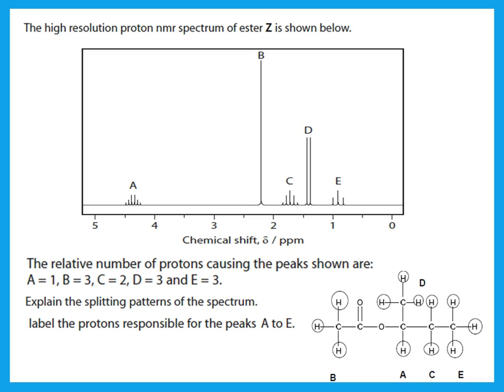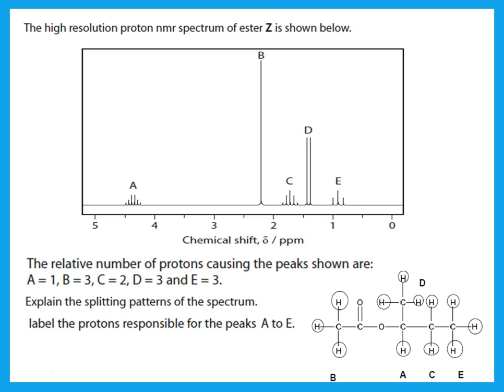So A is what we call a sextet, or it is split into 6. Then where is C? C is the CH2 in the middle, and it has 3 hydrogens on one end and another hydrogen on the other, so that is 4. So it is split into 5 small peaks.